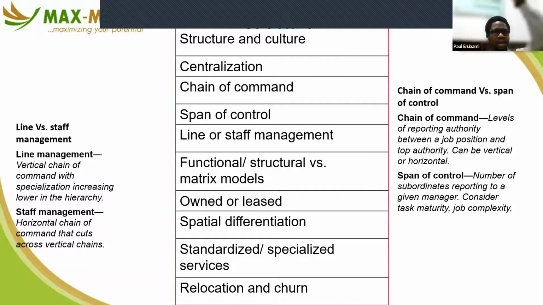So the mechanical guy, as he's coming down, is having HVAC. HVAC splits again into central, splits of window units, and then central units. And then having generators, and so on and so forth. It's just having different spread. And each person is specializing downward. That's how the line management works. The staff management, which talks about the matrix models, is horizontal chain of command, cuts across vertical chain.